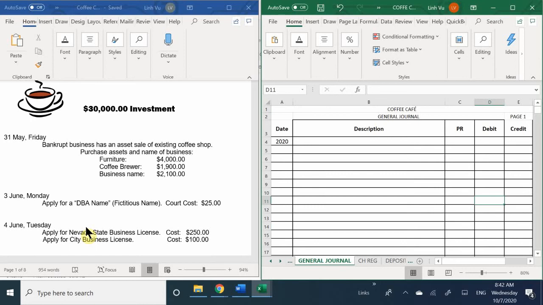We don't have a license to do business yet, and second of all, we don't have a place to put the money. Yes, it can come out of our pocket, but ultimately, what was the number one rule? What is the assumption that GAAP tells us to follow?